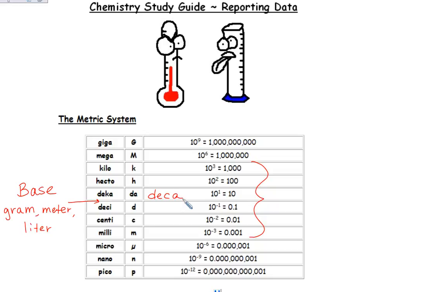For example, a milliliter is 1,000th of a liter. 1,000 milliliters would be equivalent to 1 liter. Oh, okay, it's all coming back to me now. I remember the metric system.